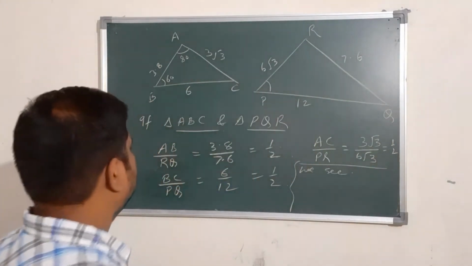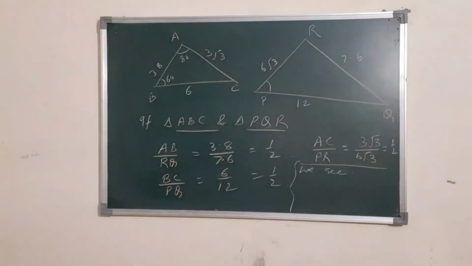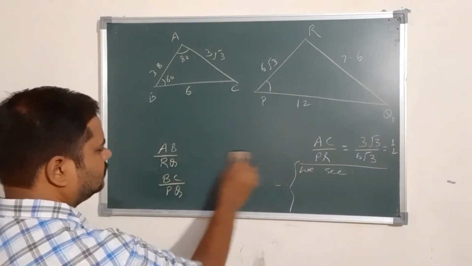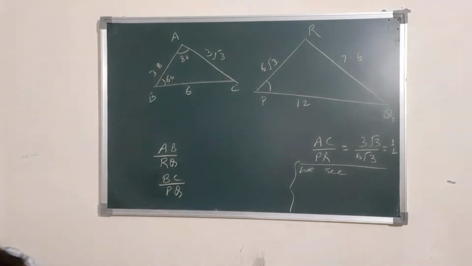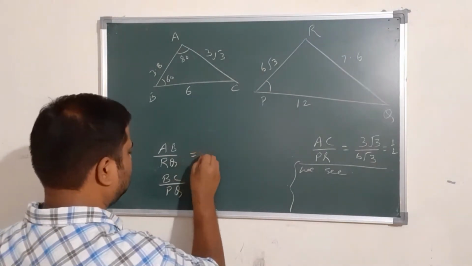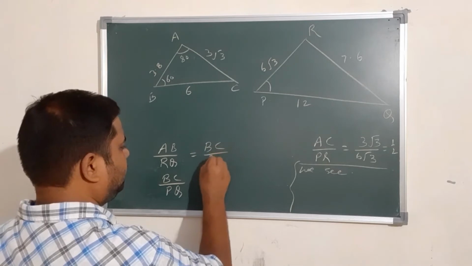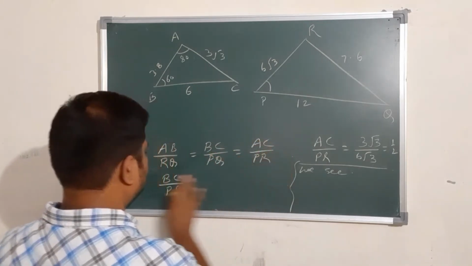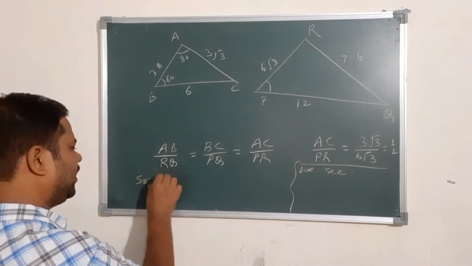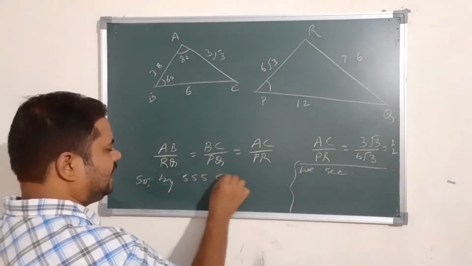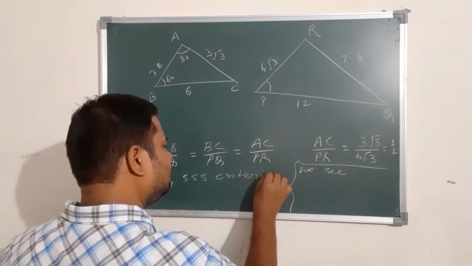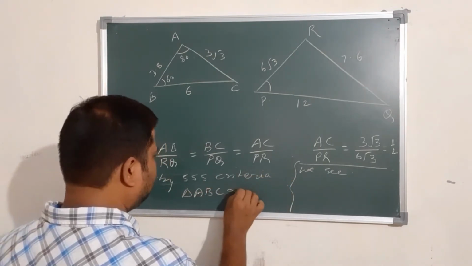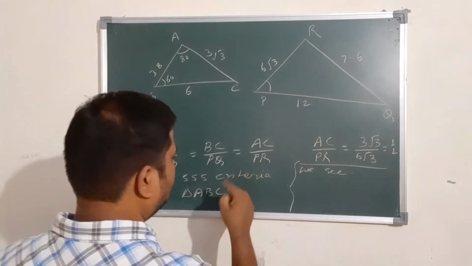So AB upon RQ is equal to BC upon PQ and AC upon PR. So by SSS criteria, triangle ABC is similar to triangle RQP.